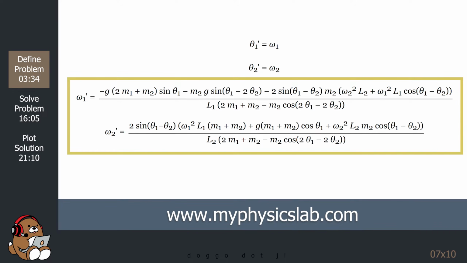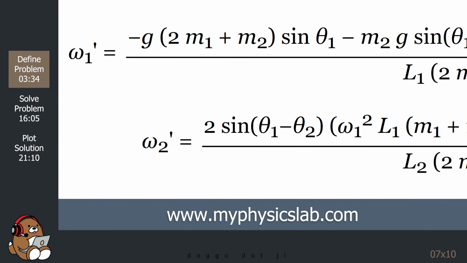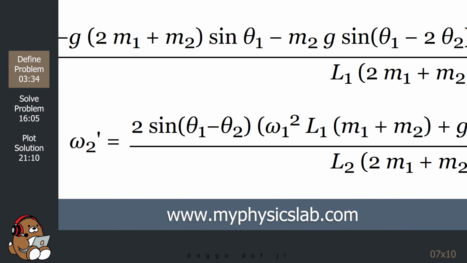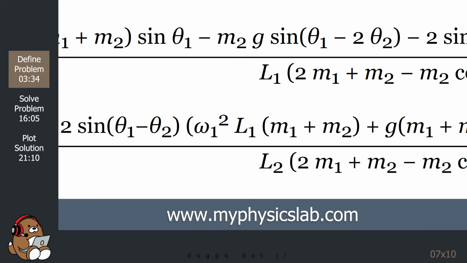The last 2 differential equations are for the change in the angular velocities ω1 and ω2 over time, which are the angular accelerations. The last 2 differential equations look intimidating, but if you go element by element, you'll see that it's just arithmetic and some trigonometry.